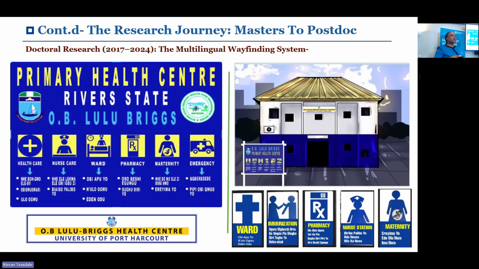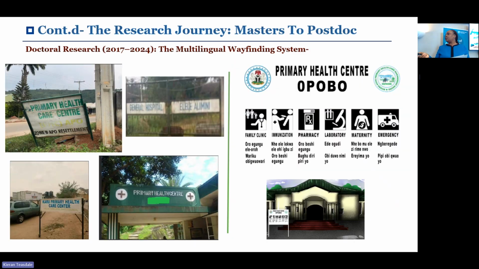And in Rivers State, we had about 340 primary healthcare centers, and that was a large scope to cover. However, I had to focus on just one as a template and about two others. But I also went back to Opobo to ensure that the Ibani language was kept alive. If you look at this picture, you will see that there are icons there.